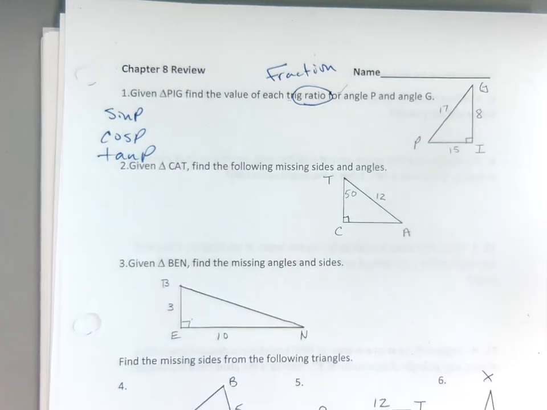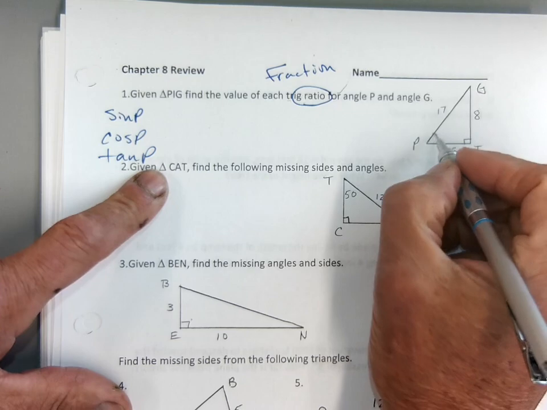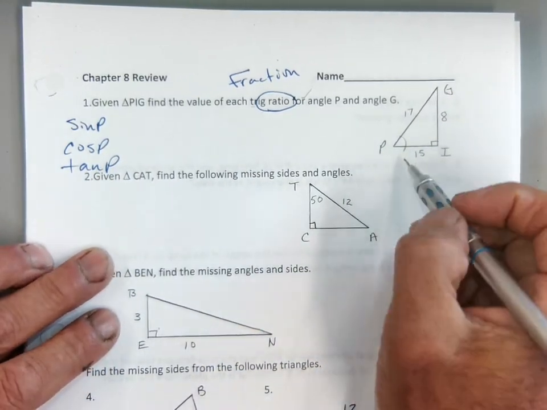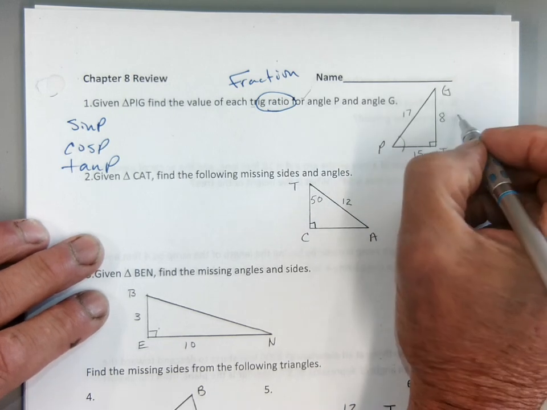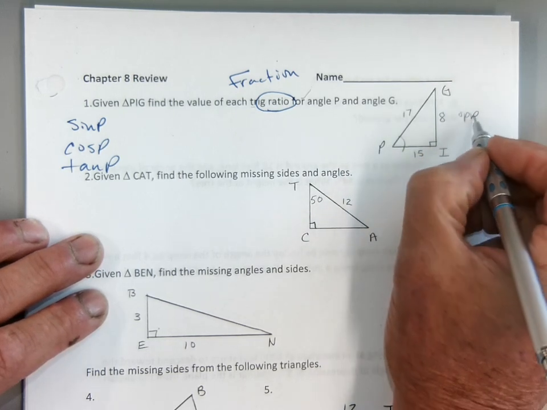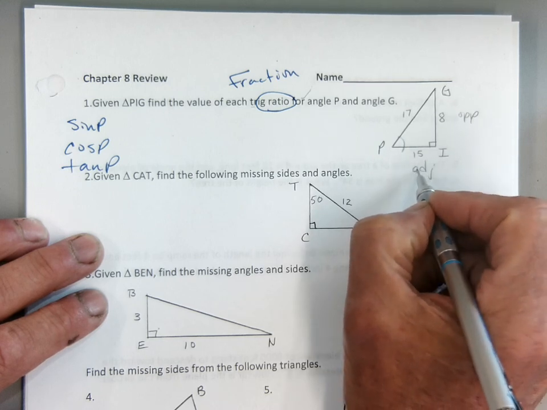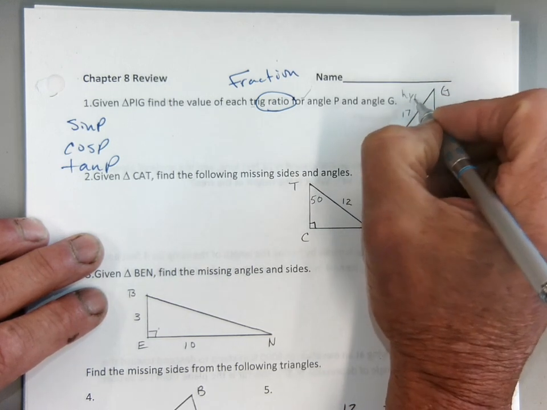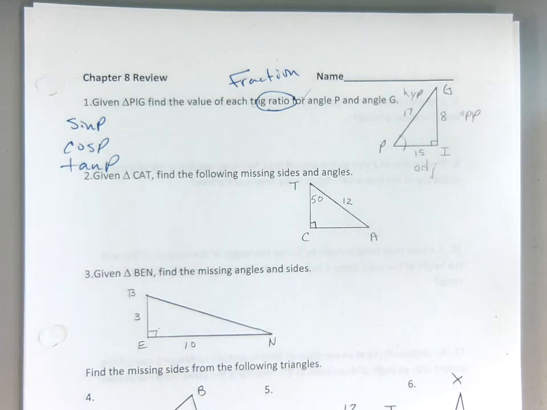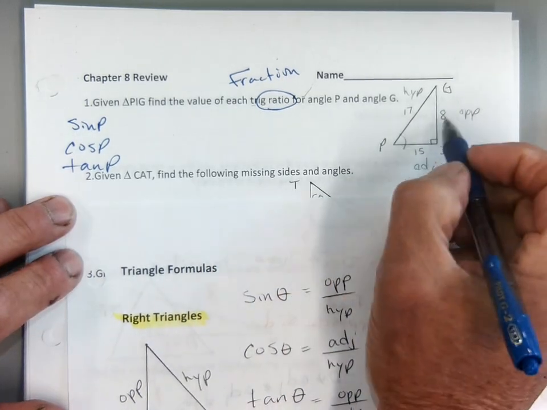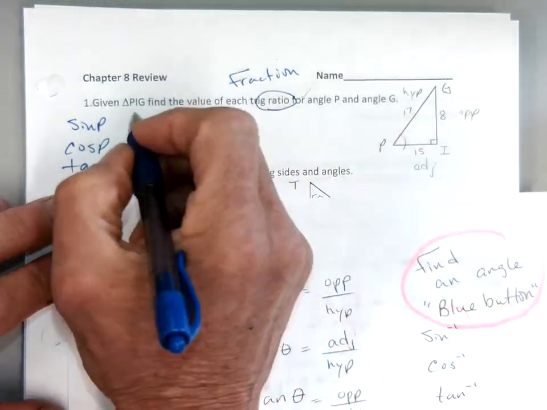Let's do that first. If I go to angle P, I like to label the names of the sides. It's just helpful for me. Throw a rock to the opposite side, 8. My adjacent side is the 15, and the 17 is the hypotenuse. Sine is opposite over hypotenuse, or 8 over 17.